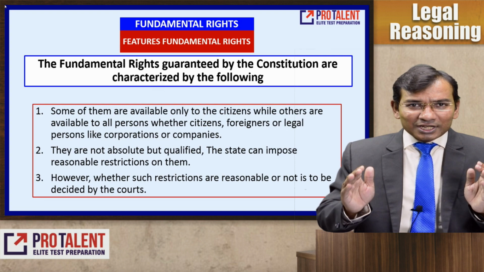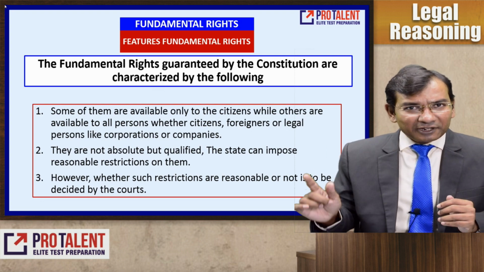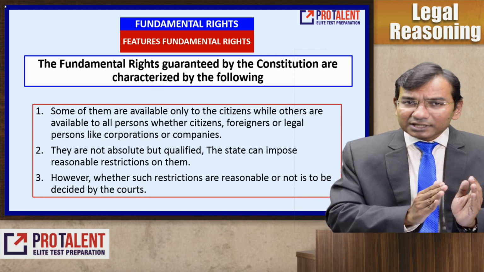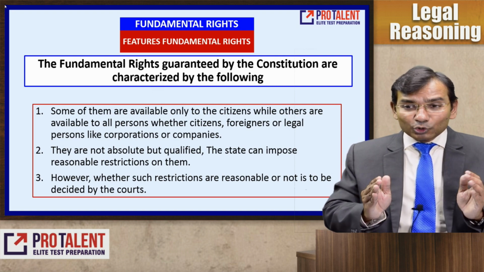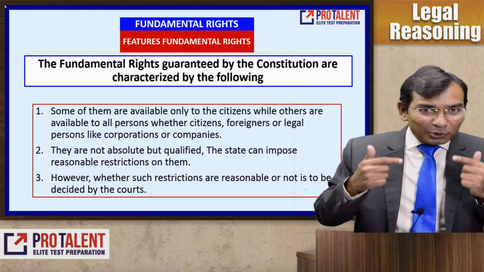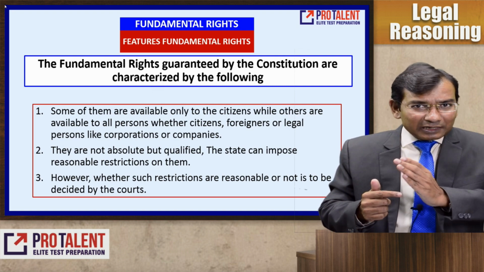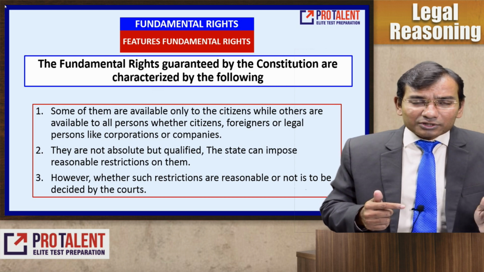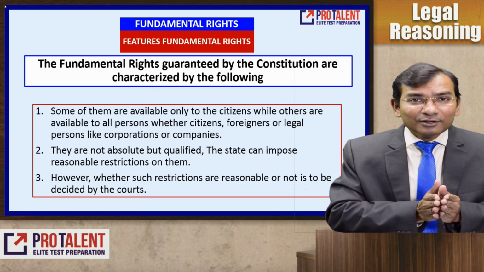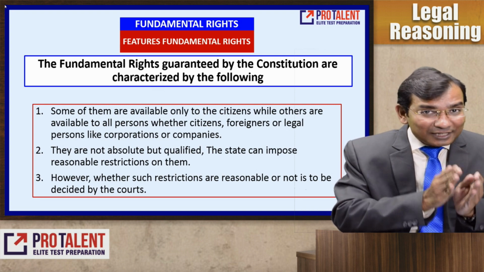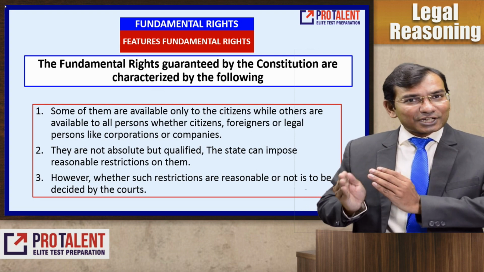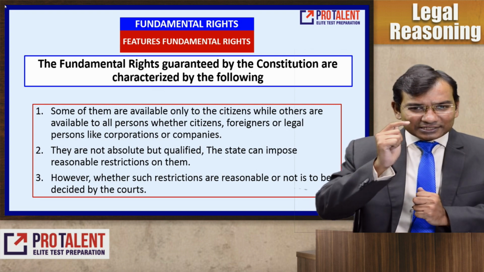So those rights are given to everyone, and there are a few rights which are given only to citizens. So let me give you a small task: please list down those fundamental rights which are given only to citizens and those which are given to everyone. Great. So that's point number one.